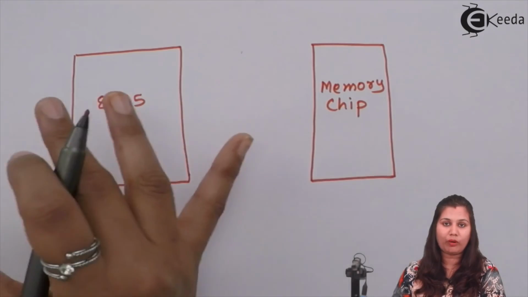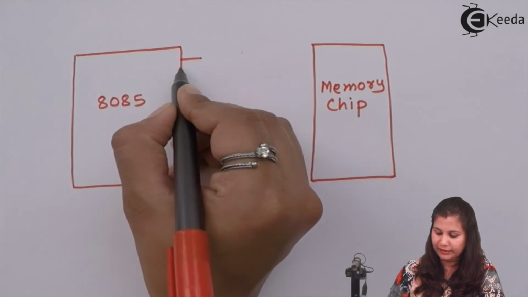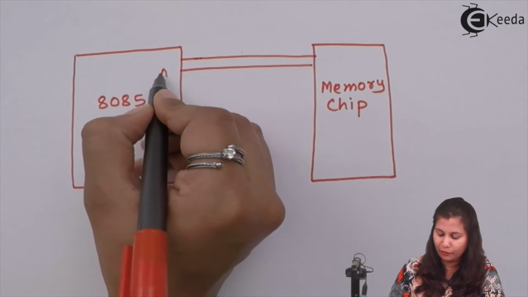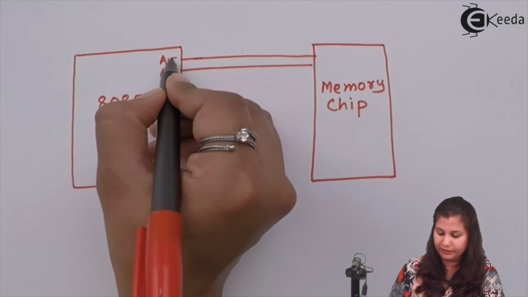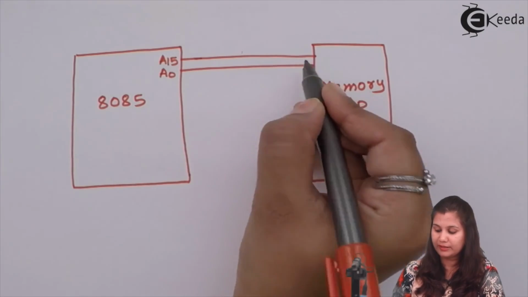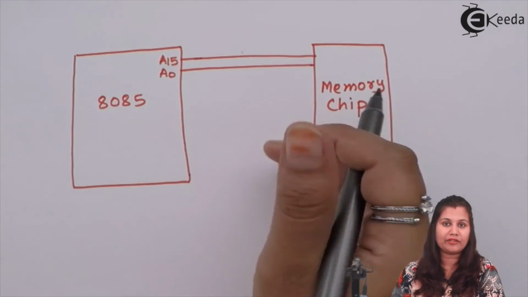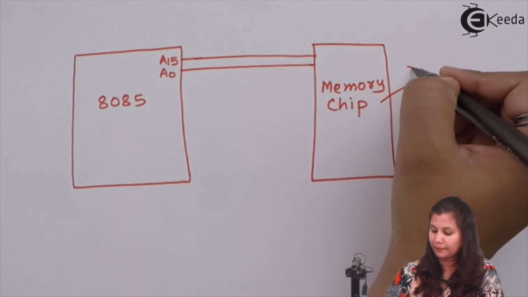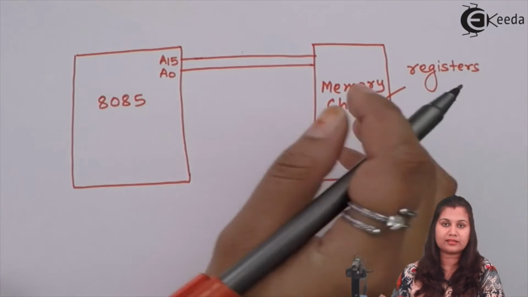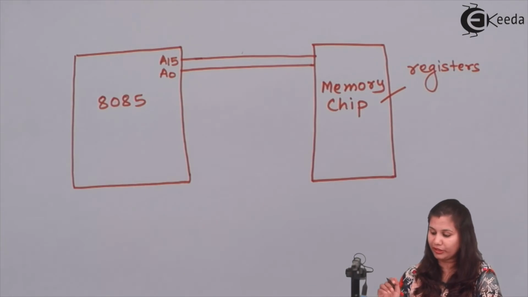So what are the requirements for the interfacing? First, we will need the address lines, from A0 to A15. These address lines will be used to address the memory locations, because the memory chip will have registers, and to address these registers, a specific address should be assigned to each of the register locations.